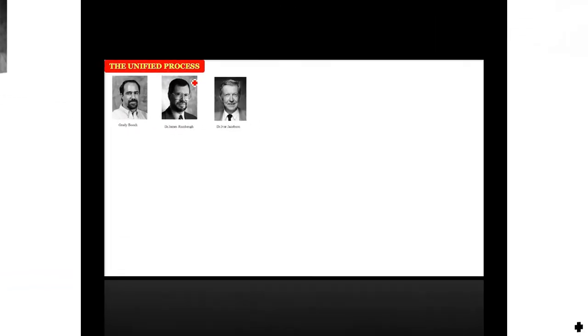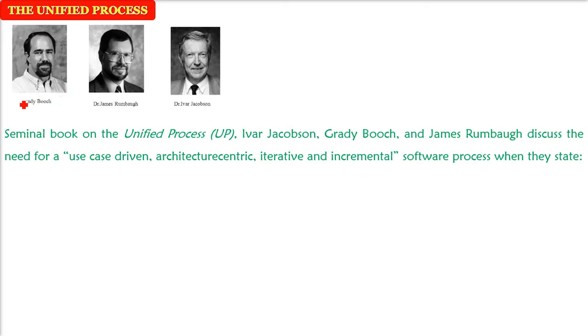The unified process. This is also an SDLC, a software development lifecycle process. Here we have to talk about these three gentlemen, Grady Booch, Dr. James Rumbaugh, and Dr. Ivar Jacobson. Now the seminal book is something which is a turning point in the technology. They have written the Unified Process, and they were onto the object-oriented paradigm.